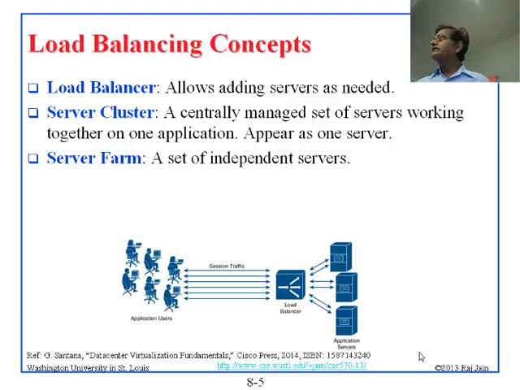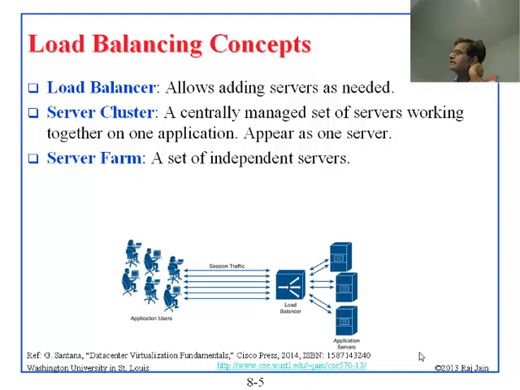And the advantage of this is once you get this box, you can have 3 servers today, 5 servers tomorrow, 7 servers the day after, and 3 servers the day after that. You could change the number of servers. The customers don't know anything about that business. You don't have to have 3 addresses, 3 names, www1, www2, www3, and things like that. Just have one name. All right. So it allows adding servers as needed.